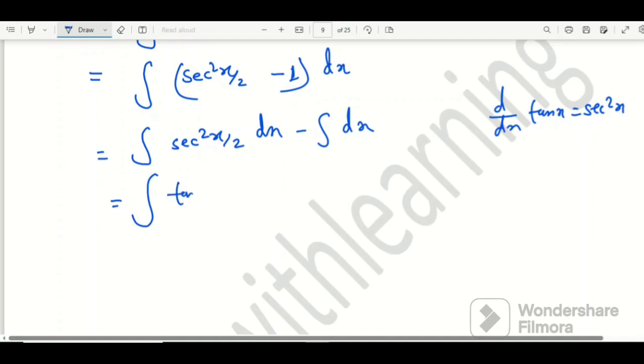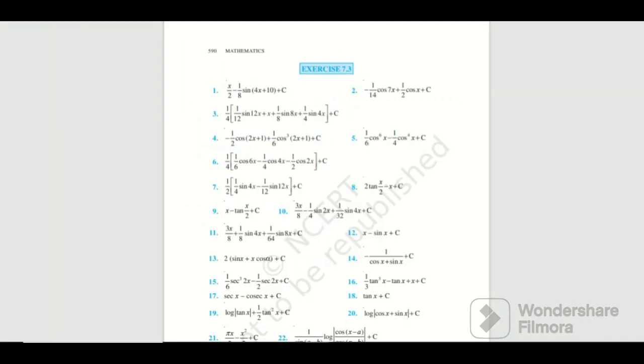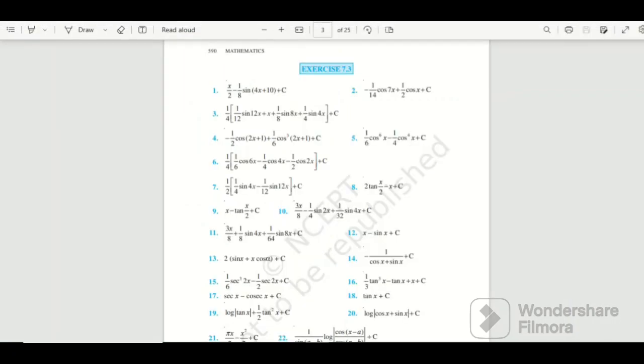So it will be tan x upon 2, and then the 1 by 2 in multiplication means we divide by 1 by 2, minus x plus c. So we'll get 2 tan x upon 2 minus x plus c as our answer. So this was the 8th number. The answer is 2 tan x by 2 minus x plus c.